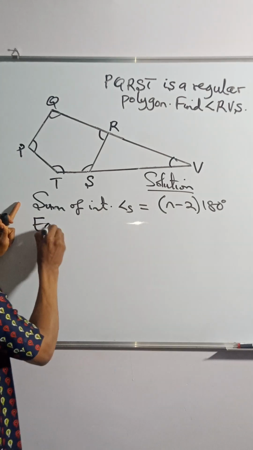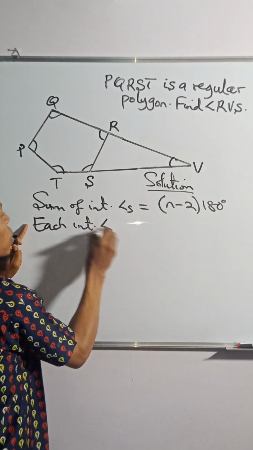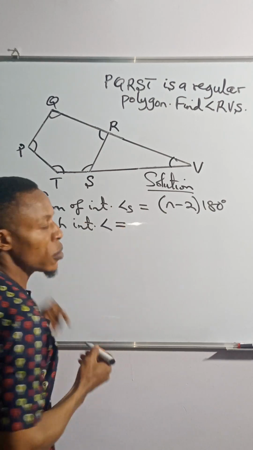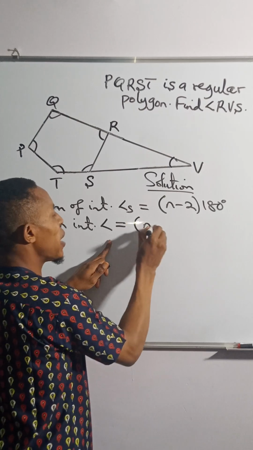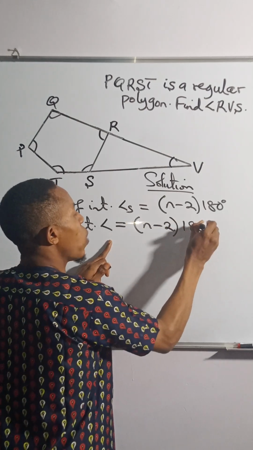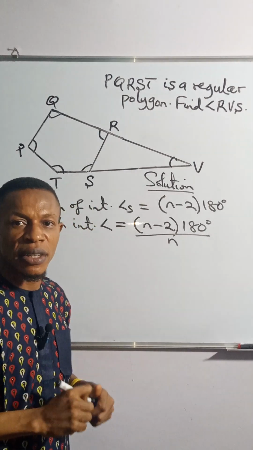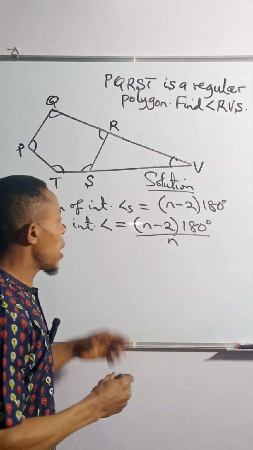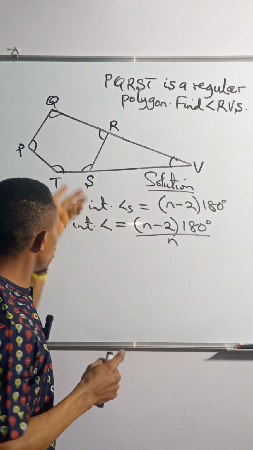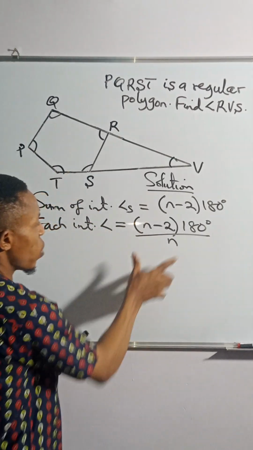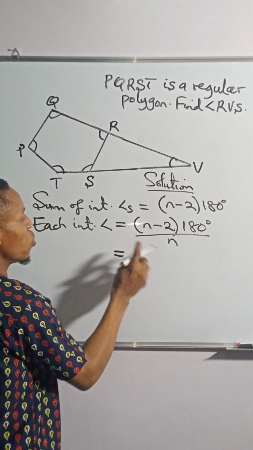Each interior angle of a regular polygon is found by dividing the sum, (n minus 2) times 180, by n, which is the number of sides. Since our interest is in finding one of the angles, which is the same for each, we are going to use this formula. Good, so let's continue.